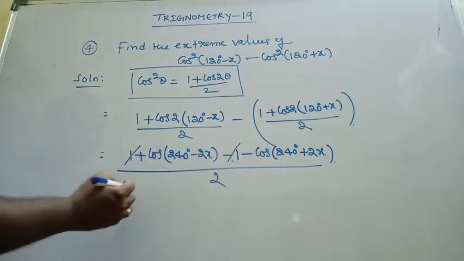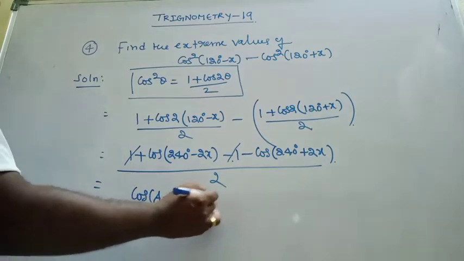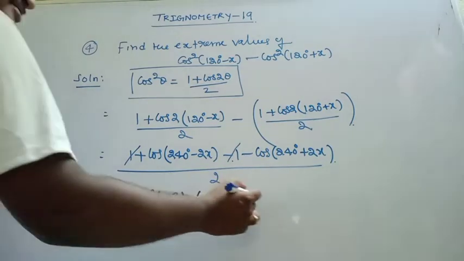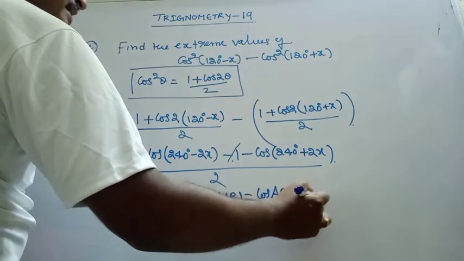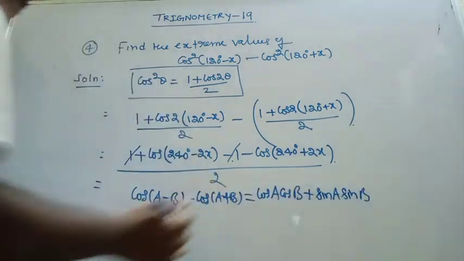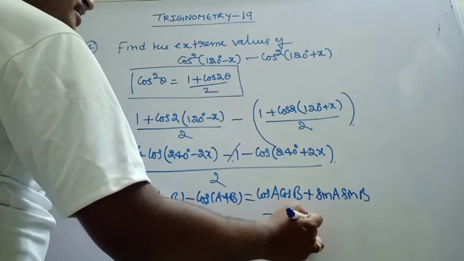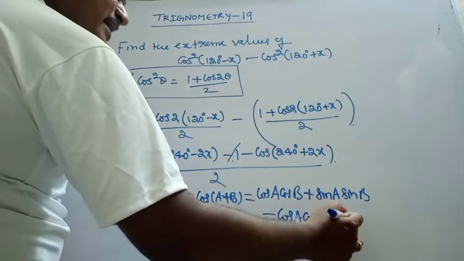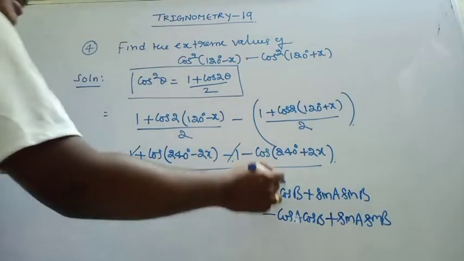You know both formulas. Cos A minus B is actually cos A cos B plus sin A sin B. Minus cos A plus B means minus cos A cos B. Minus of minus becomes plus sin A sin B, you will be getting plus sin A sin B. The cos A cos B terms will cancel.